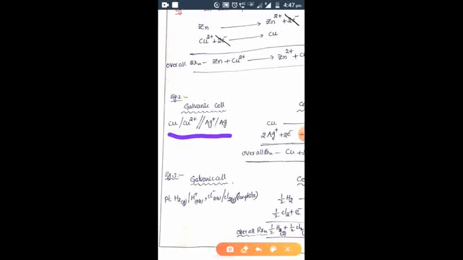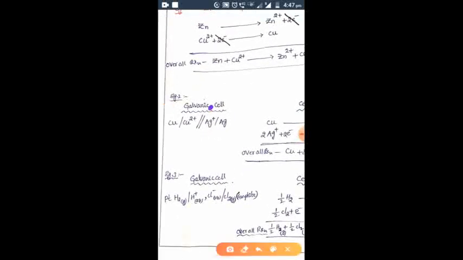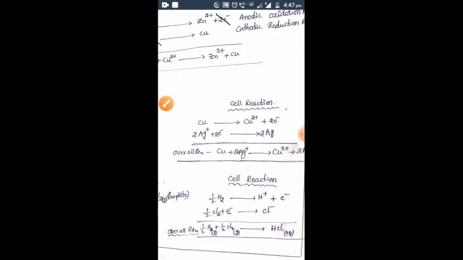We already know that the species which are present at the left side of the salt bridge are undergoing oxidation. So you have to write down this copper as an oxidation process. So Cu gives rise to Cu2+ plus 2 electrons.